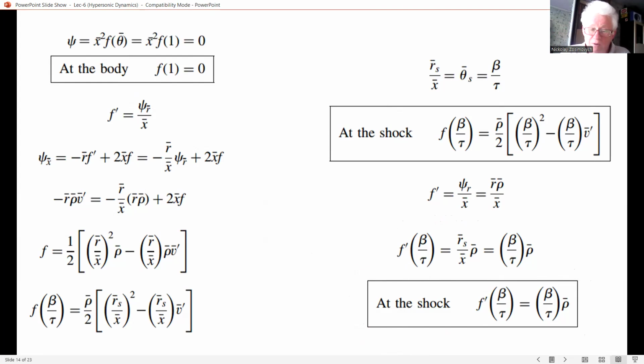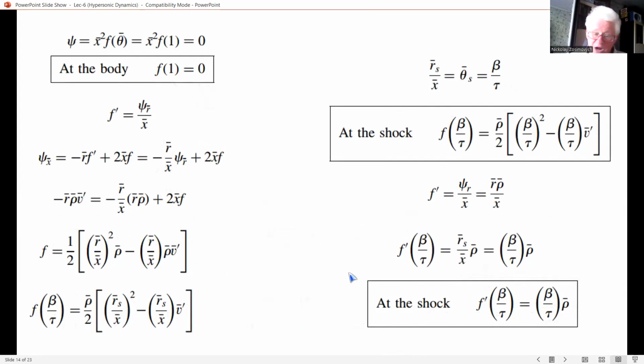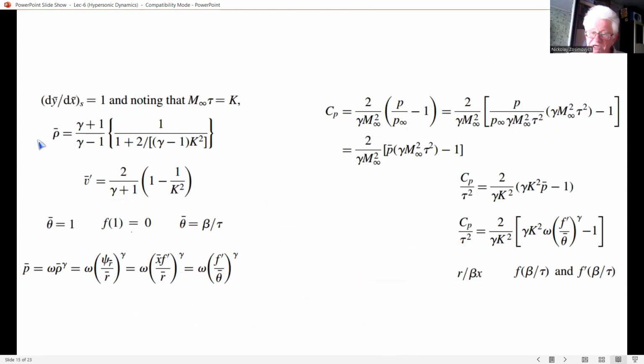And recalling from the previous equation the expression that dy over dx must be 1, and noting that M infinity times tau gives us k, our expression may be rewritten in this form.